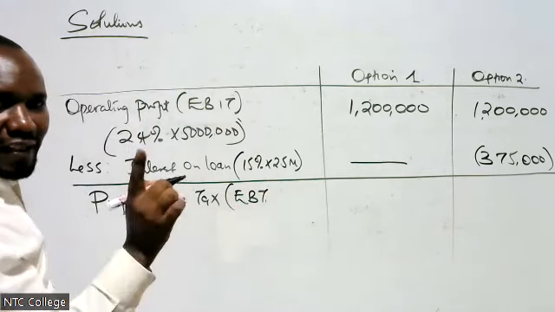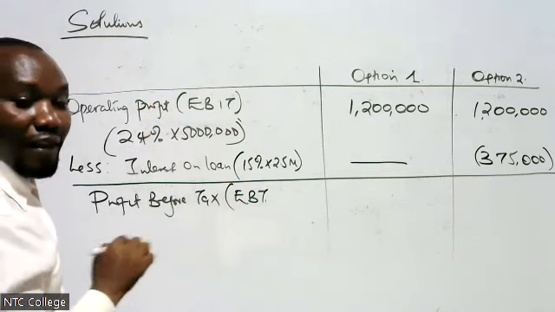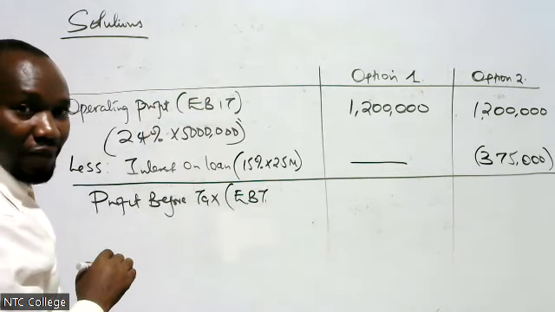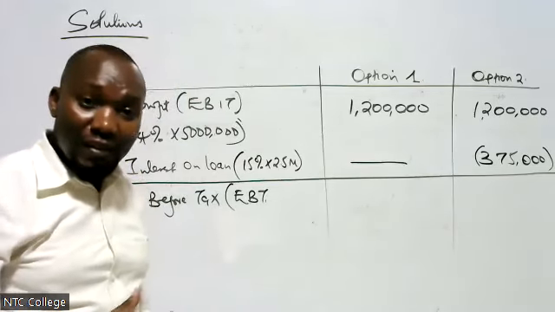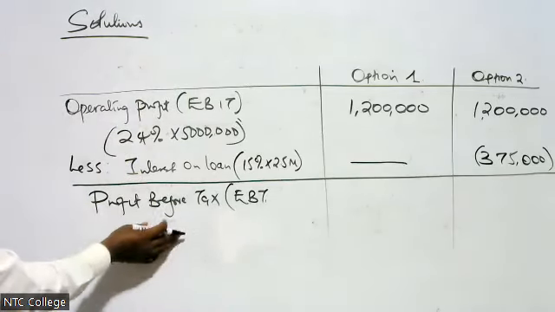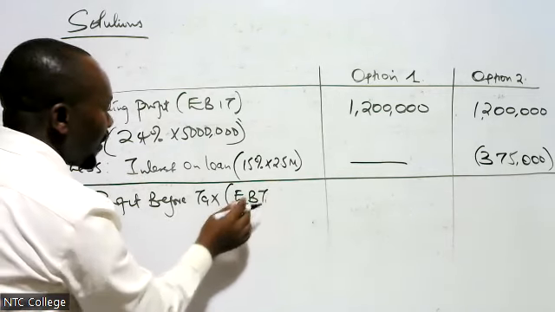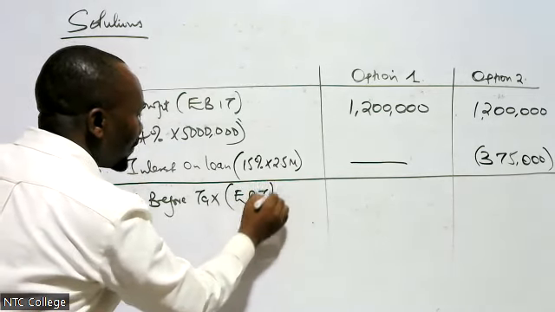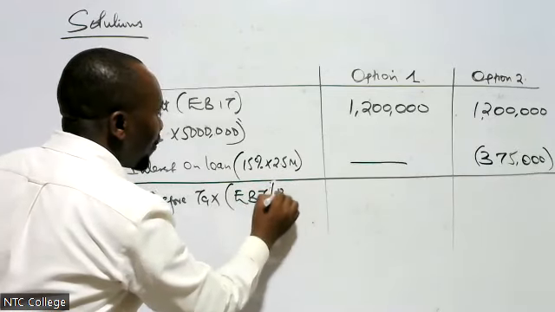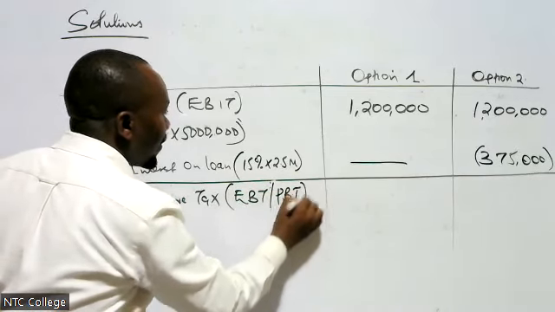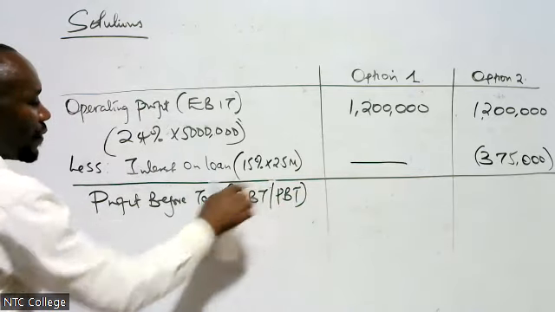So if you use the word earnings or the word profit, they are the same. If the examiner uses the word earnings or profit, it is basically the same. So this one is profit before tax, the same as EBT, earning before tax. They mean the same thing.